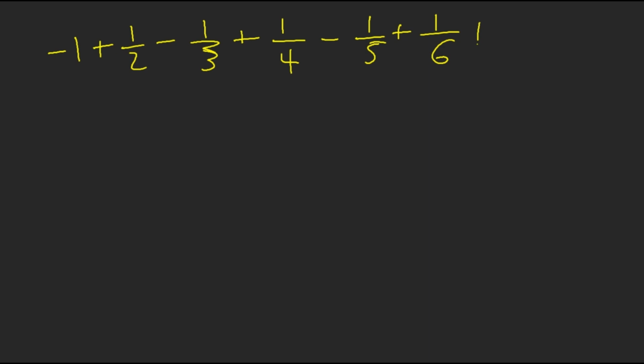What we technically have is -1 plus a half minus 1/3 plus 1/4, minus whatever, dot dot dot. I'm just rearranging it. What is this?